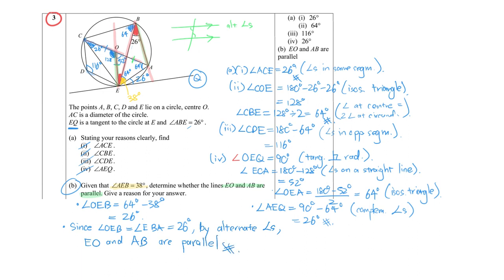So in the O levels, you might be required to justify such things. So repeat, to prove that they are parallel, I needed to find the two internal or alternate angles and prove that they are of the same value. Since they are the same, then it must be that EO and AB are parallel. And we are done.